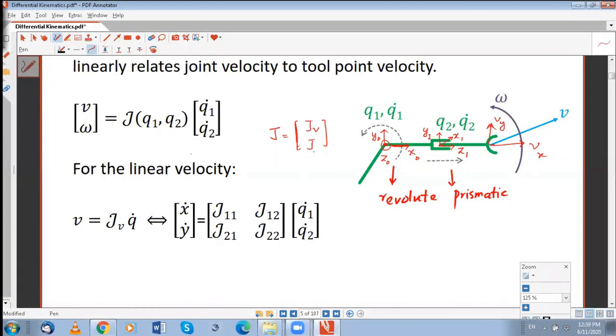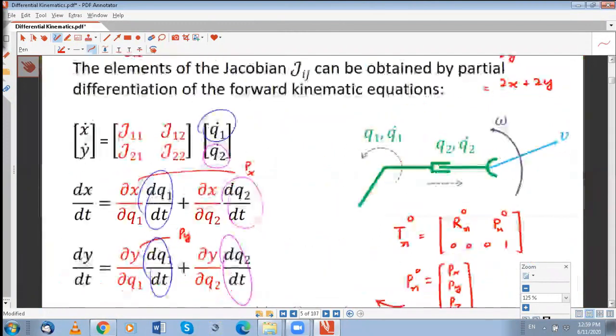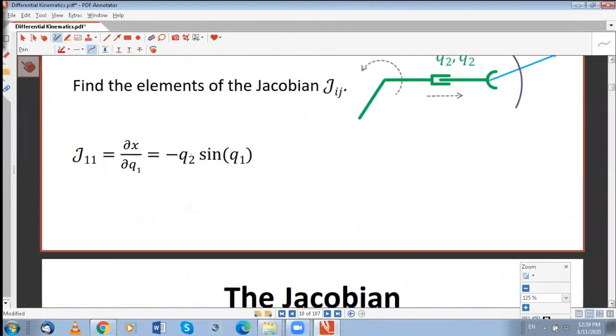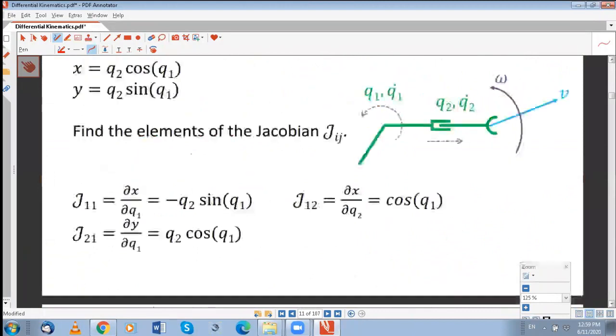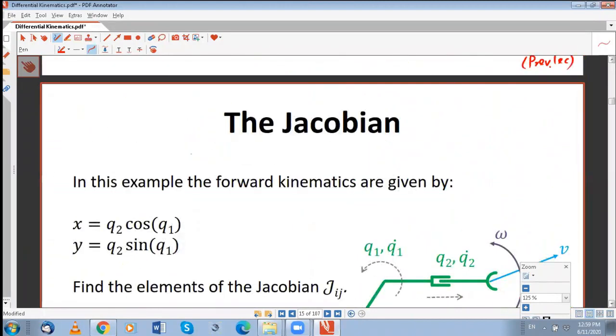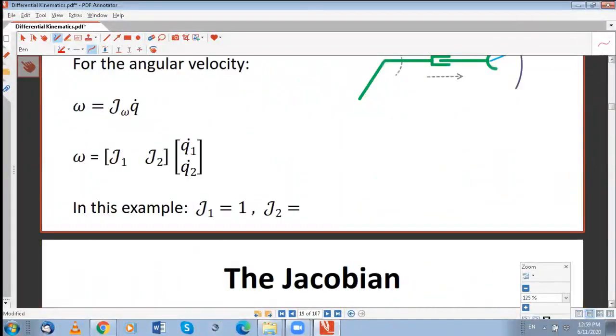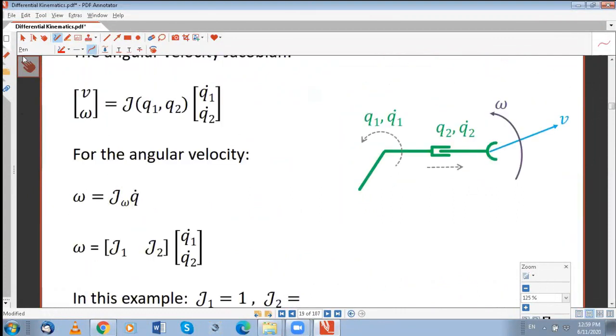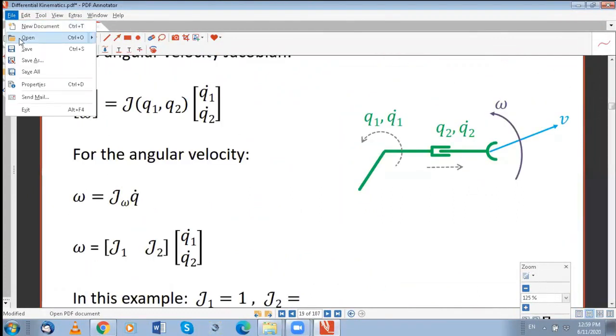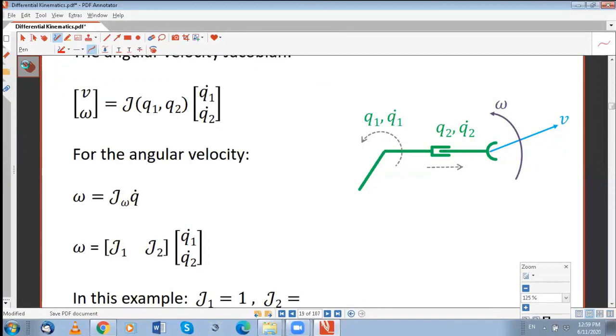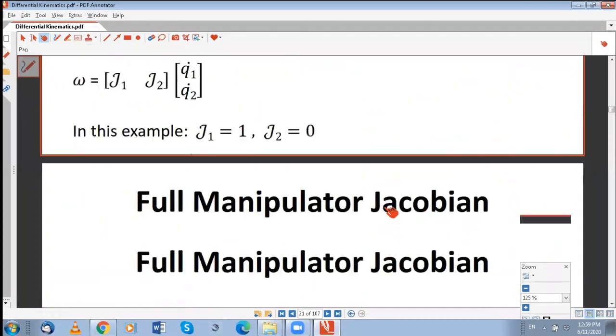So now how to find J omega? We have a formula that is coming next, but here I'll do it directly by just looking at the arm. Okay, now where is the diagram?